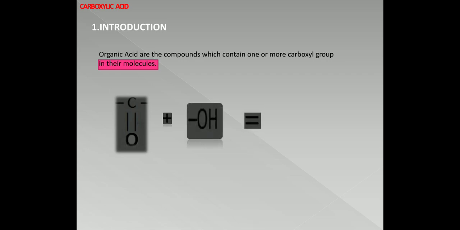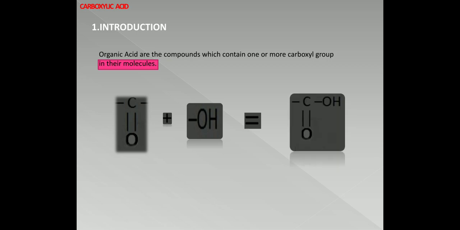So these two functional groups will mix here, then form the carboxylic group. So carbon double bond oxygen is called what? Carbonyl group, and OH is called what? Hydroxyl group. By the combination of these two groups we get the carboxylic group.